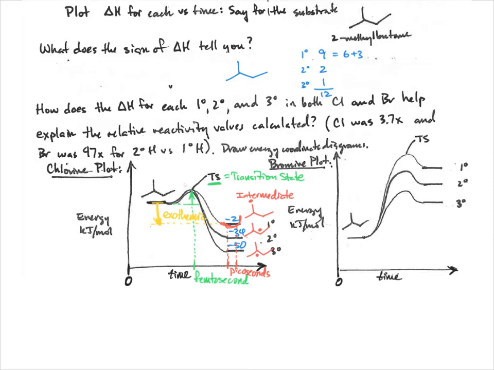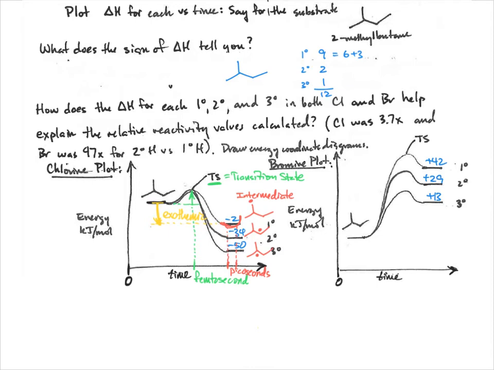So now let's go to our bromine plot. Again, we said those values were positive now. And so again, we're moving from 0 energy up. So we write those values in. We have plus 13, plus 29, and plus 42.